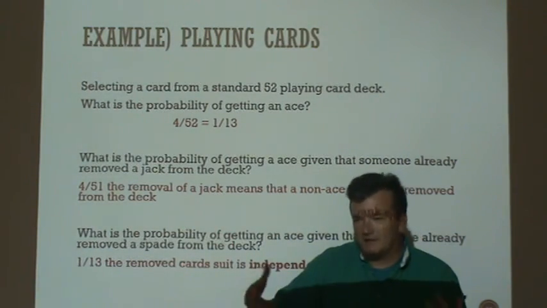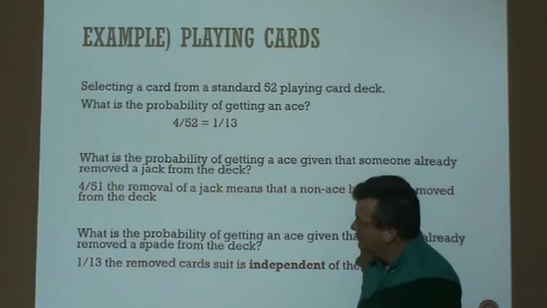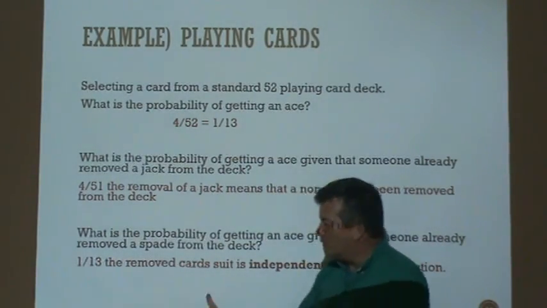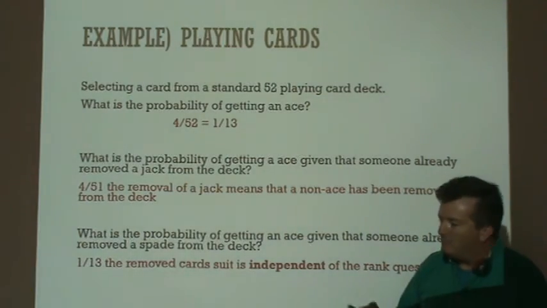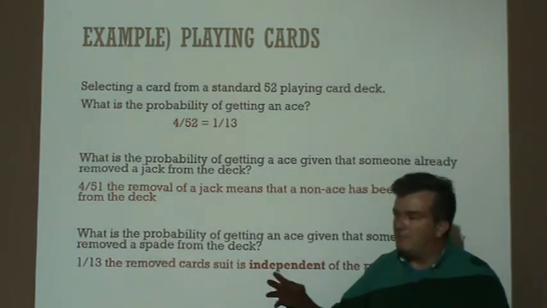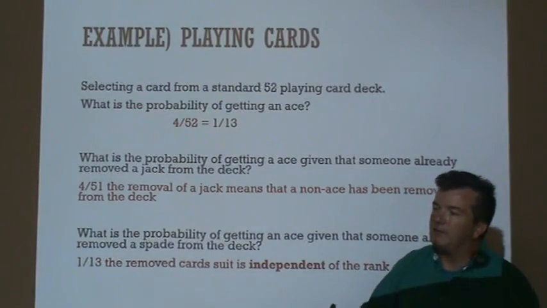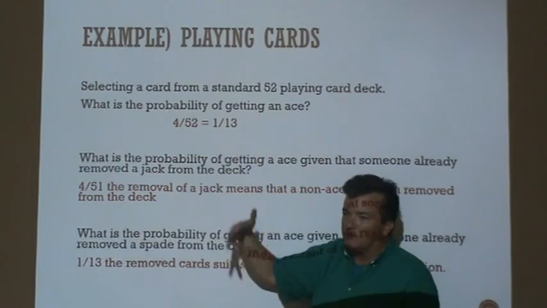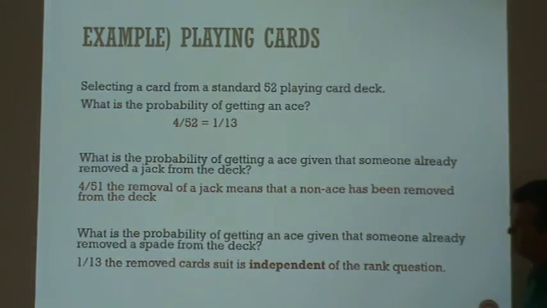The ones you threw away still have to be considered. Even though a spade was removed from the deck, it may or may not have been an ace, and the probability it was an ace is exactly the same as the original answer. So it doesn't affect the outcome.